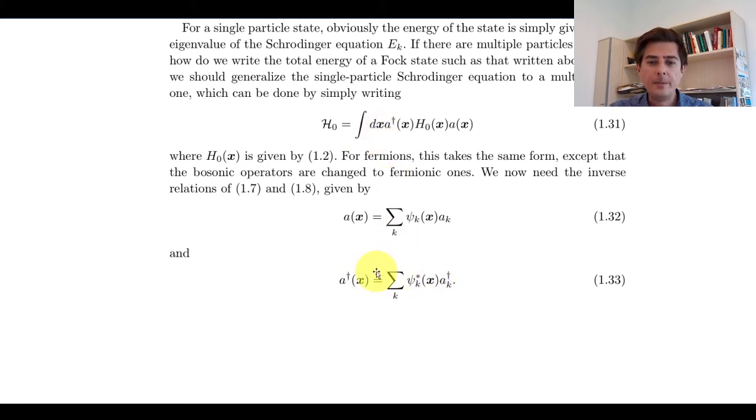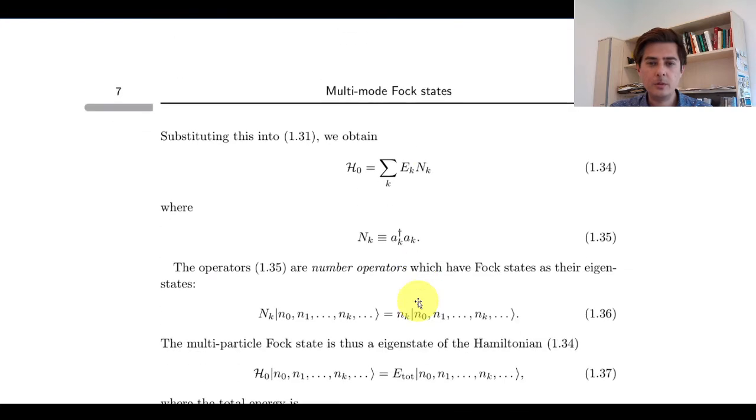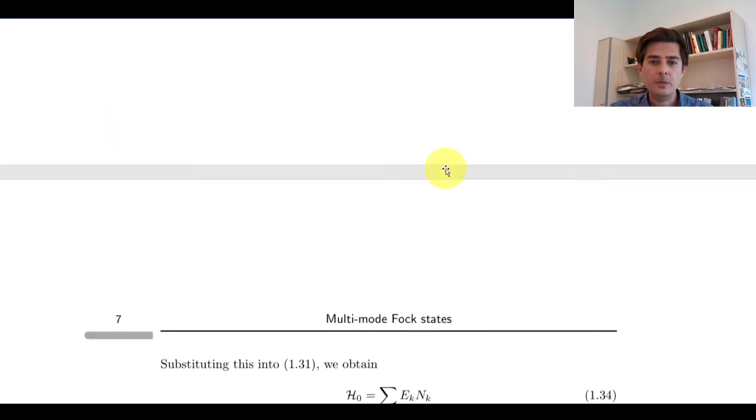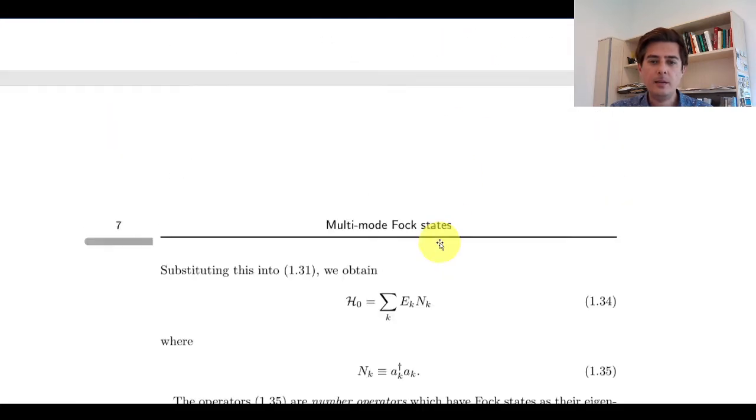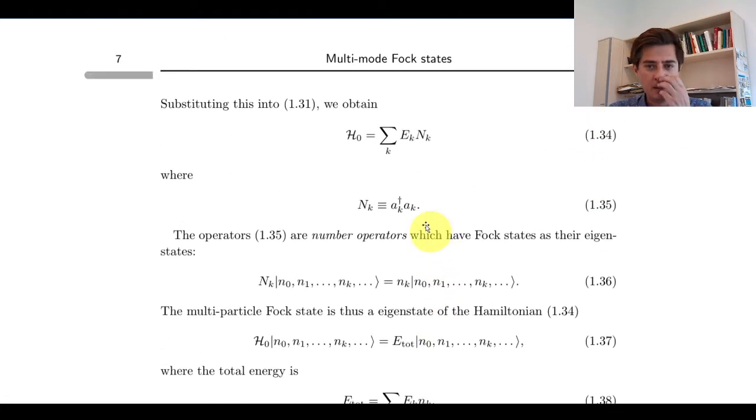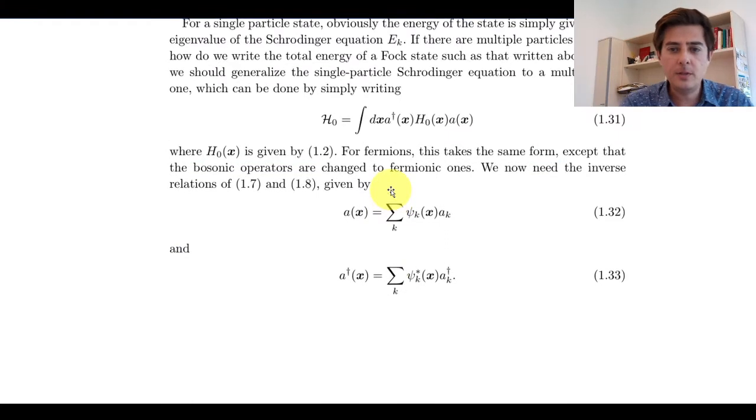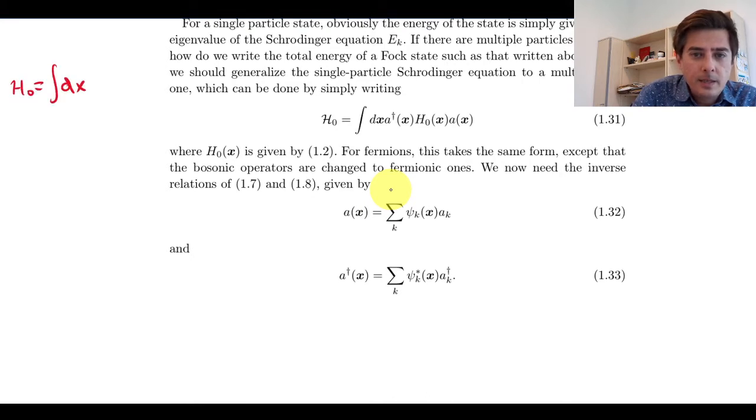For the A dagger, it's simply the complex conjugate. And so if you substitute these in, then what you find is that the Hamiltonian can be simplified in this form. Okay, so let's just do that. So we have H0, dx, and then we're going to substitute this one, 1.33, into the formula.